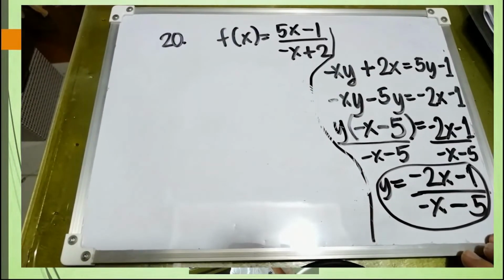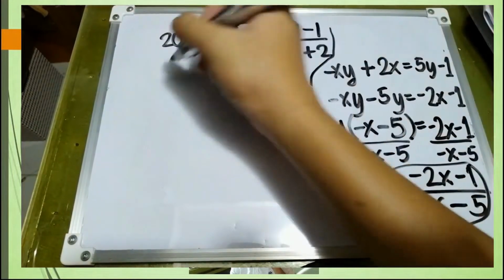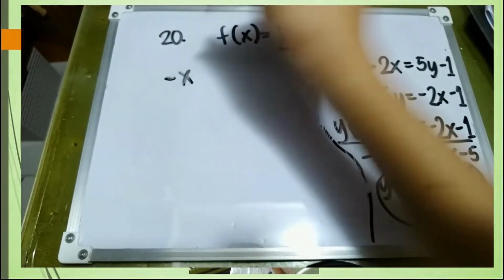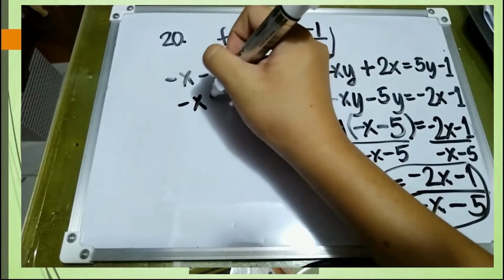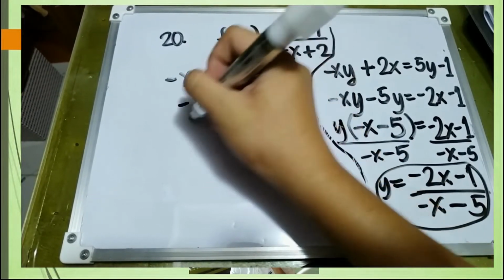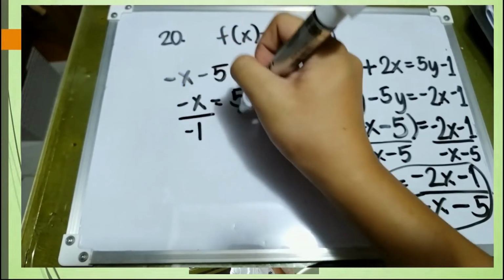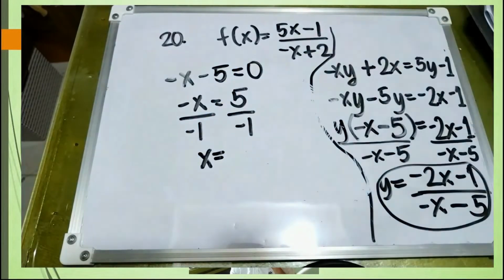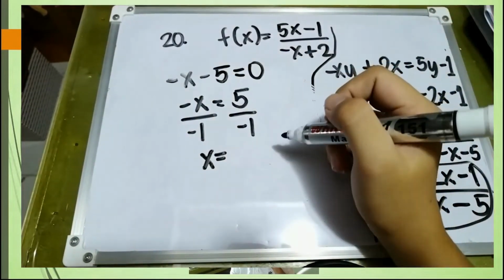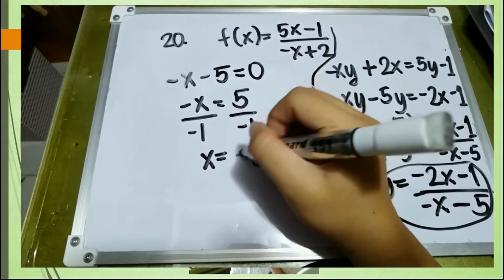So in order to find the domain of this one, we are going to set the denominator to 0. Negative x minus 5 is equal to 0. So negative x is equal to 5. Let's divide both sides by negative 1. So x is equal to negative 5.